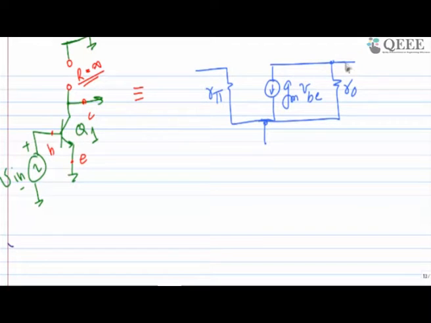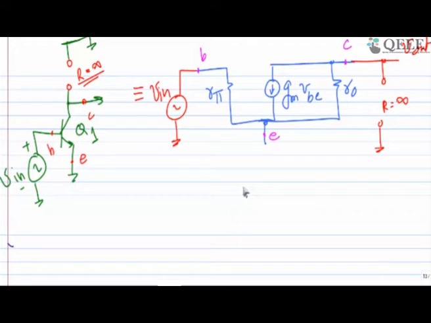So this is collector, this is emitter, this is base. I am applying my input here. From the collector, there is one more branch which has infinite output impedance, and I am taking the output from here.